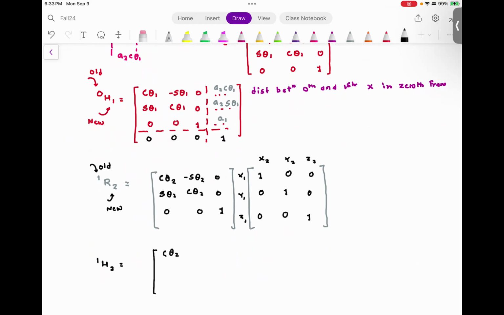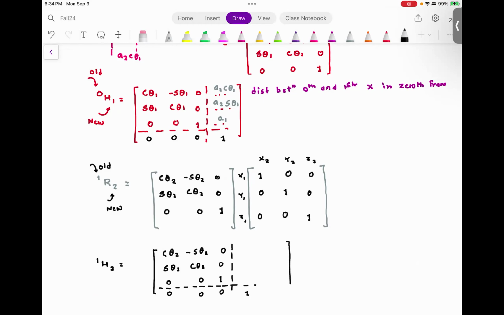Cosine theta 2, minus sine theta 2, 0, sine theta 2, cosine theta 2, 0, 0, 0, 1. And I need to populate the last row. It will always be 0, 0, 0, and there will be 1.